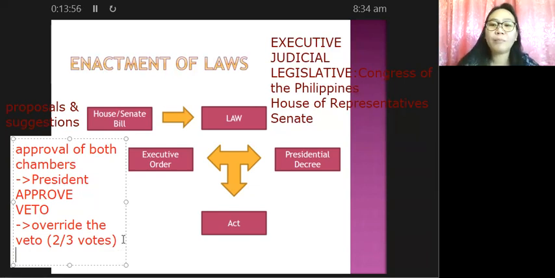Say for example, there is no action taken by the president for a particular bill.